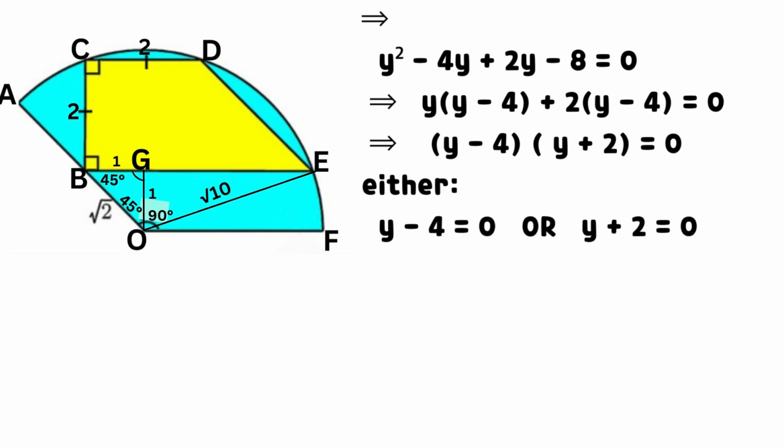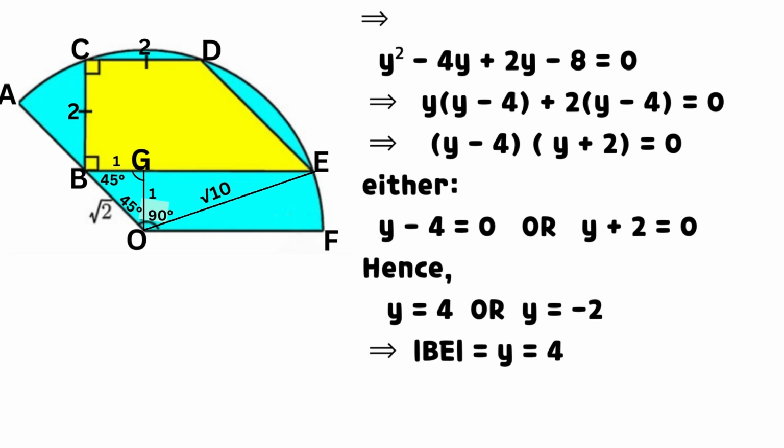Simplify further and we have that the product of y minus 4 and y plus 2 equals 0. Either y minus 4 equals 0 or y plus 2 equals 0. Hence, y equals 4 or y equals negative 2. It implies that line BE equals y, which equals 4.